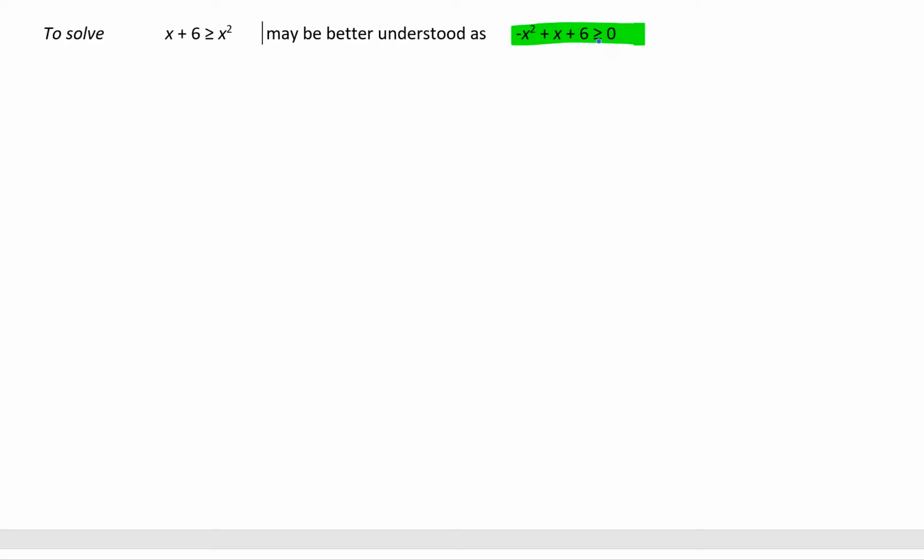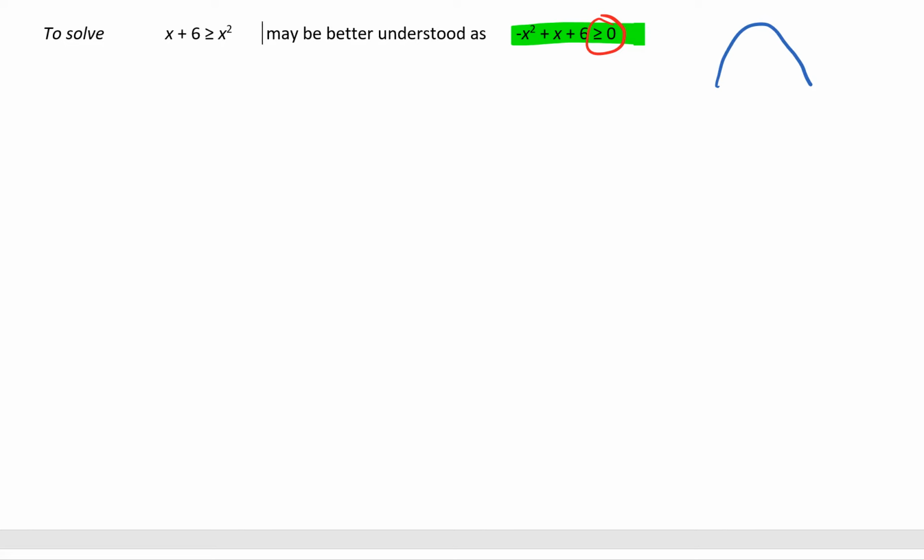And my understanding is I'm now looking for where the parabola, and the fact that it's got a minus in front of the x squared means it's an upside down parabola. Where is this parabola greater than or equal to 0? That as a region greater than or equal to 0, remember, was above the x-axis.